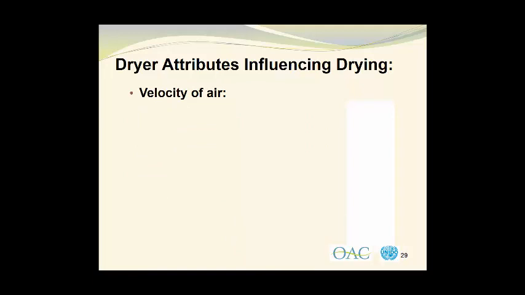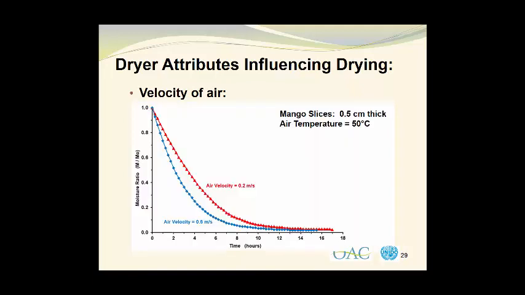We should also consider the velocity of the air. Here we have several curves for mango slices that are being dried at 50 degrees Celsius, and the thickness of the slice is 0.5 centimeters.